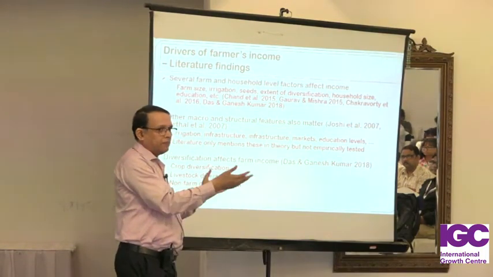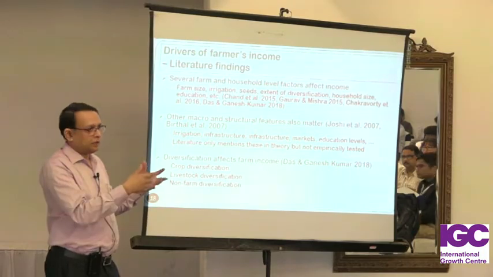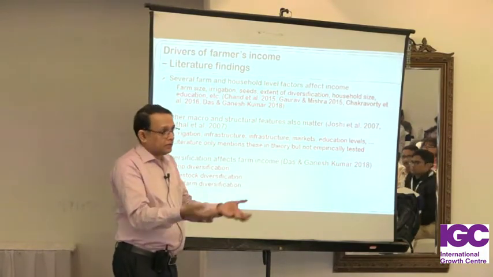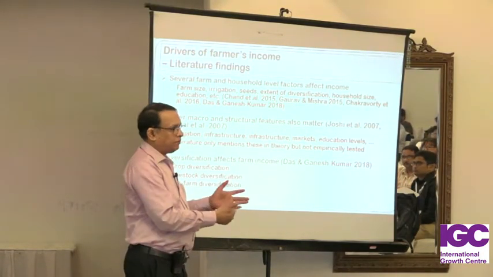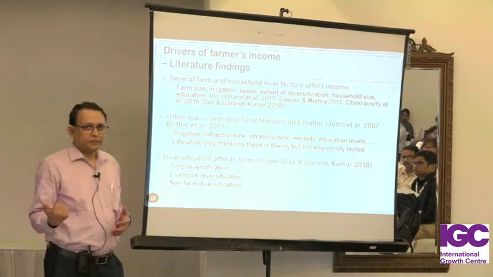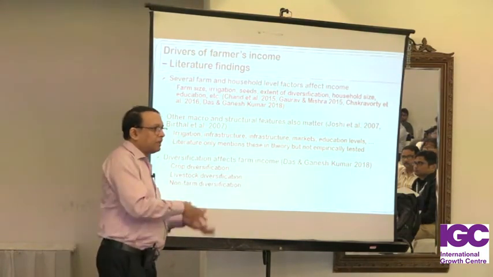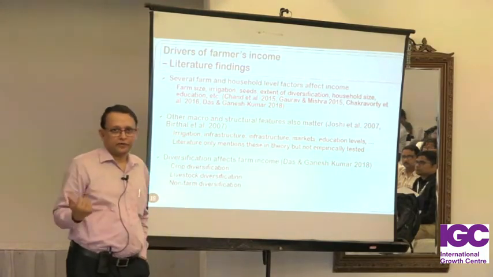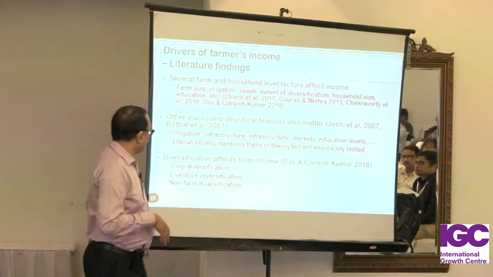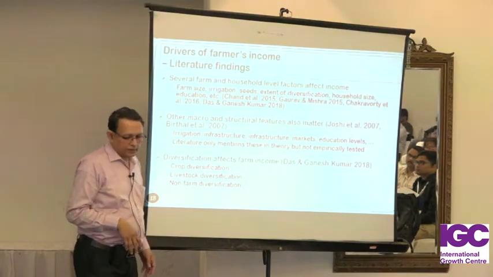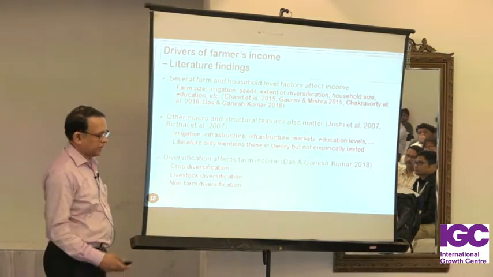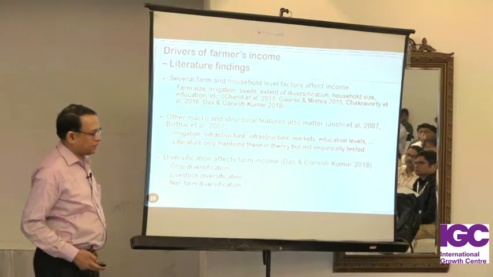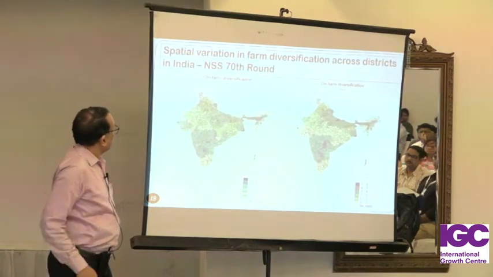They may be growing a mix of crops or a mix of crops and some animal products, but they are not in the non-agriculture sector. Or there may be some members of the household who are also in the non-farm sector. So what is the level of diversification at the household level? That also is an important driver of this income.